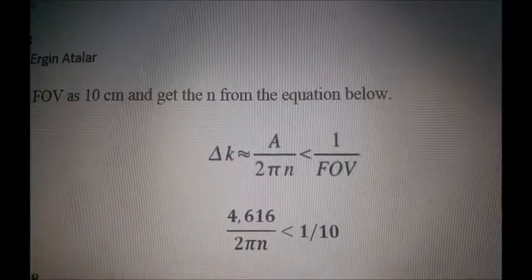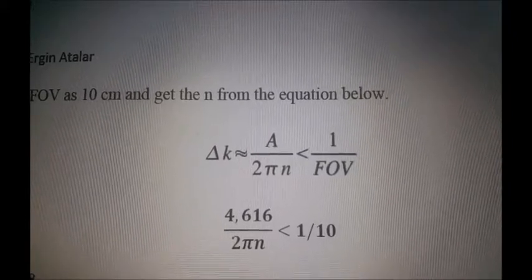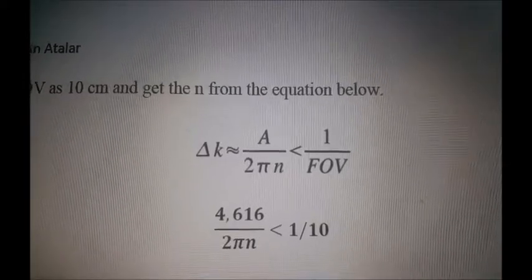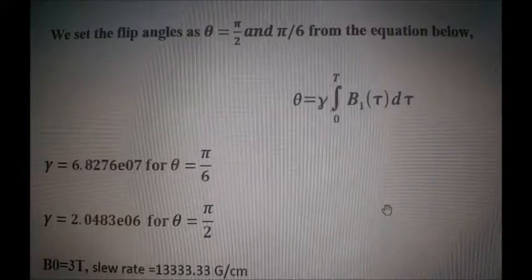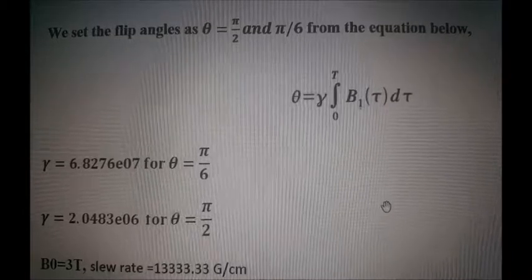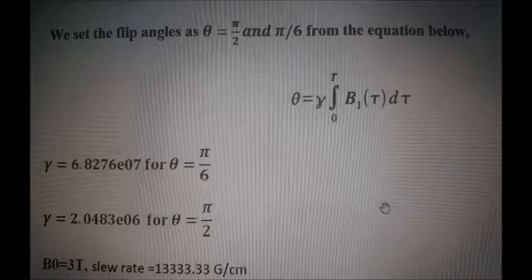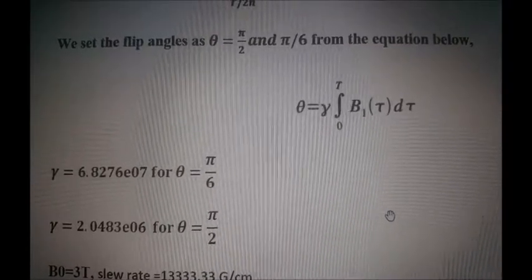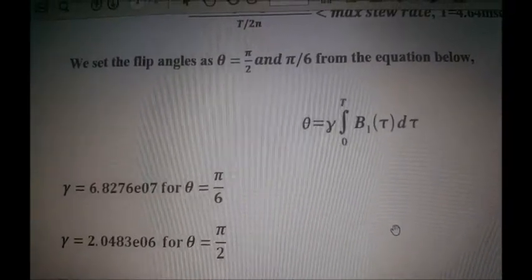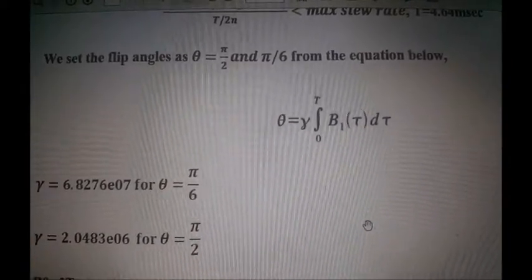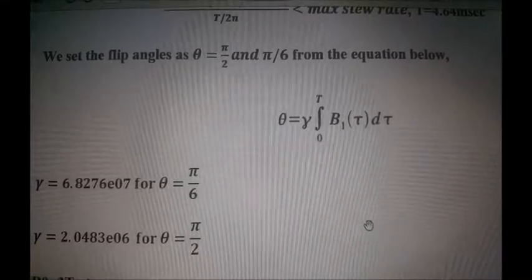Field of view is set to 10 centimeters, and we could get the n parameter from the equation shown here. So the maximum gradient amplitude is 4 and the peak amplitude becomes 2, and therefore we could obtain the T parameter as 4.64, and using this equation we could obtain the gamma values for the different flip angles as we said before, pi over 2 and pi over 6.